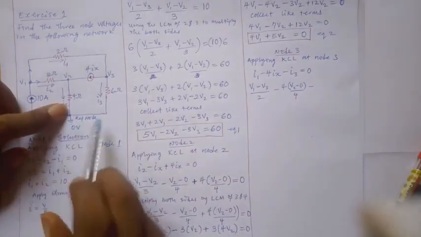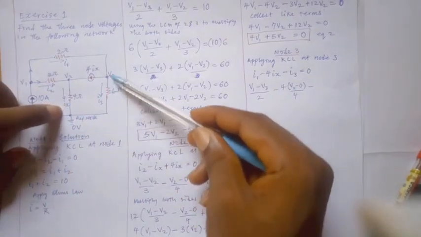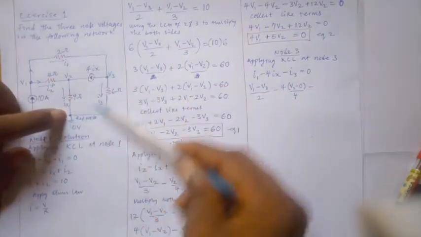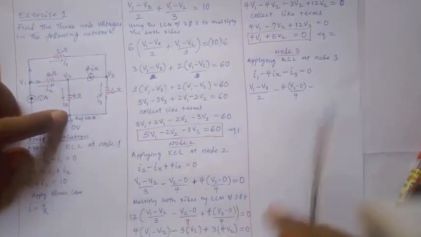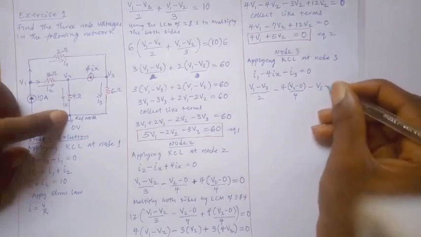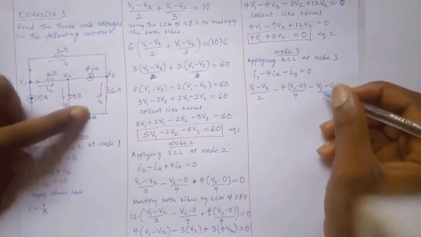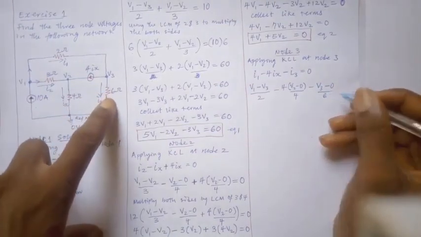Now minus. Now let's come to I3. The I3 here is the current flowing between what nodes? This node 3 and this reference node. Now it will be V3 minus 0 over what? The resistor between them is 6.